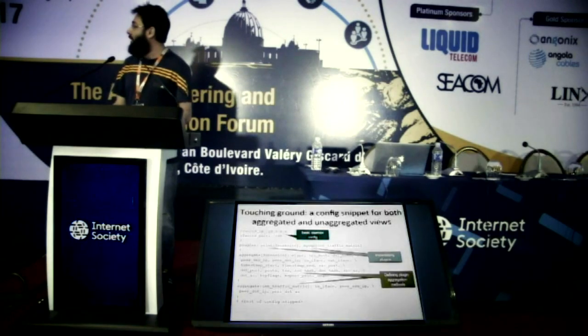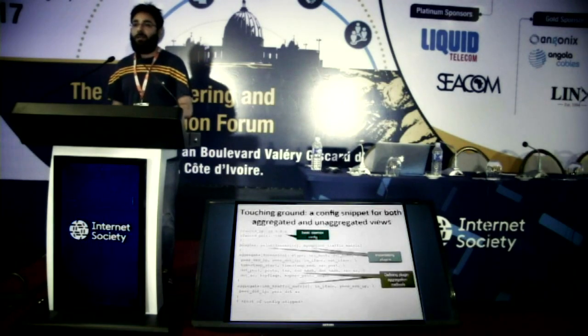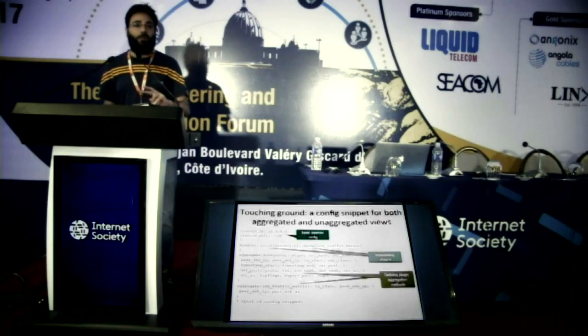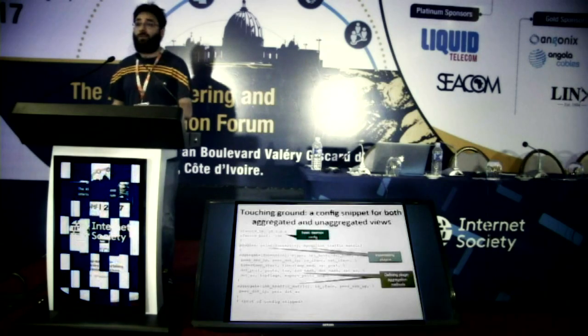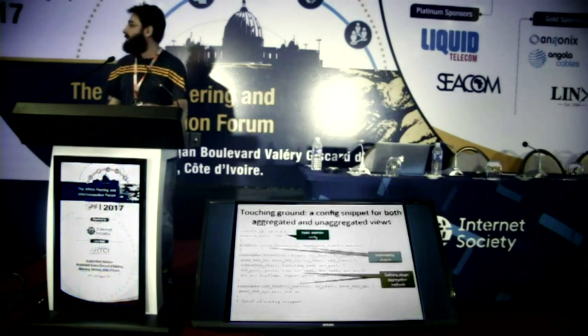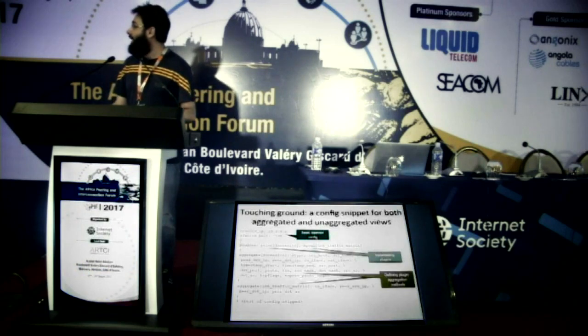You have E-type, the Ethernet type, so you know whether it's IPv4 or IPv6. Then you have the source host and the destination host, which are the source and destination IP addresses in the flow record itself. Then you have peer source IP and peer destination IP.